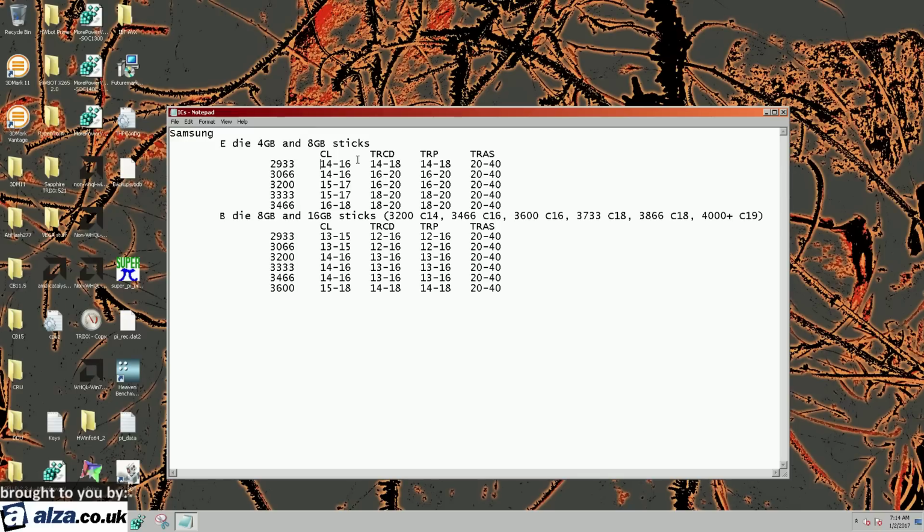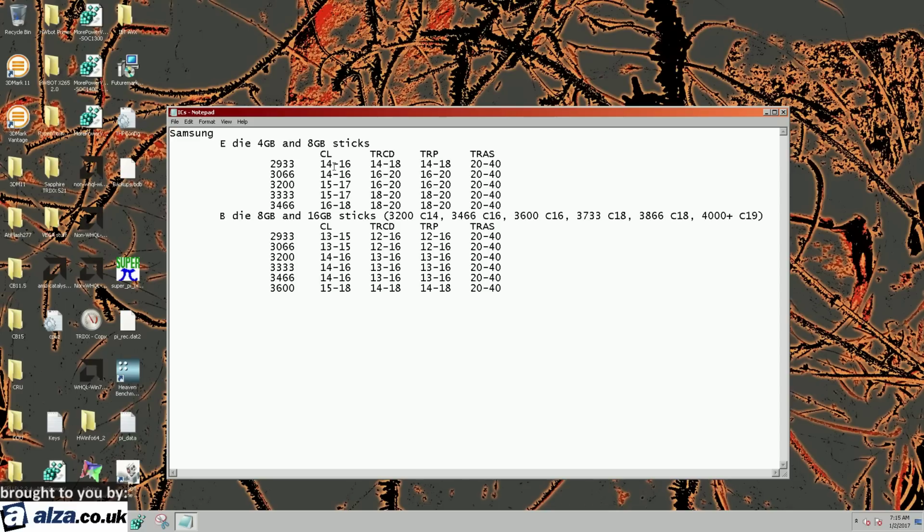Either way, in terms of timings, what you're going to want to do with eDie is this: eDie has a property where your CAS latency can be pretty low, and your CAS latency actually scales with voltage. If you were pushing really high voltages into eDie, like say 1.8 volts, on an Intel system, you could probably get the CAS latency all the way down to CL13 at 4,000 megahertz, or 12, which is probably about the limit.